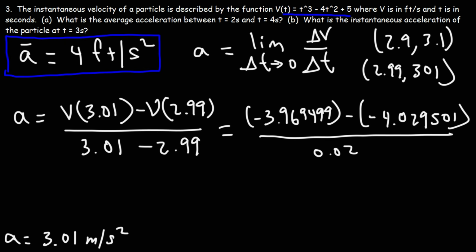Now if we combine the two numbers on the numerator, we can make this positive. We're going to get 0.060002. So we can see what the answer is going to be.